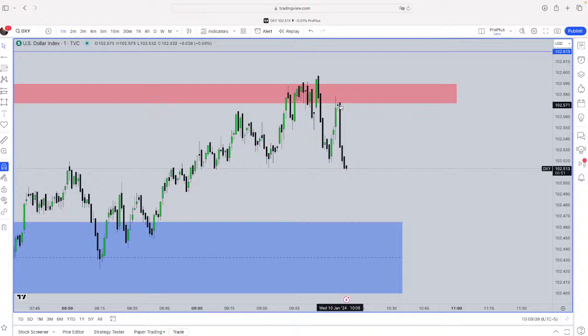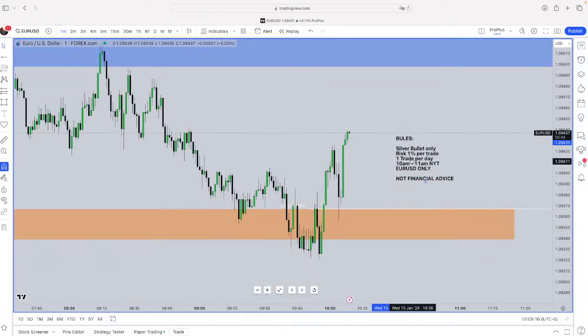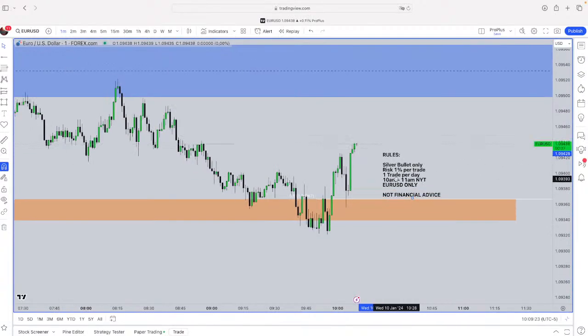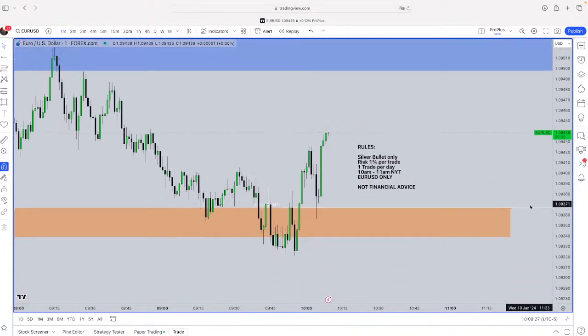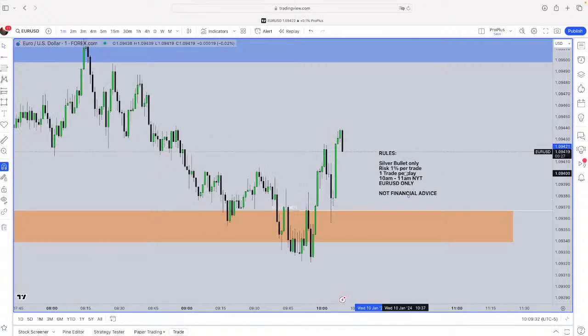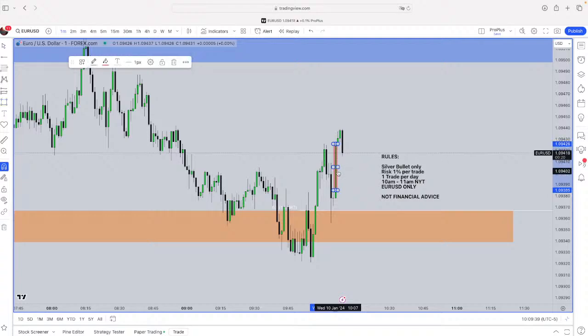I like the fact that it came across here. Just want to see how it respects this fair value gap. Does it get anywhere close to the consequent encroachment?